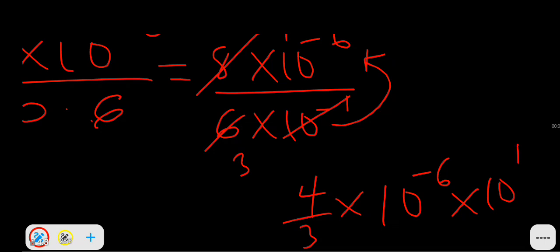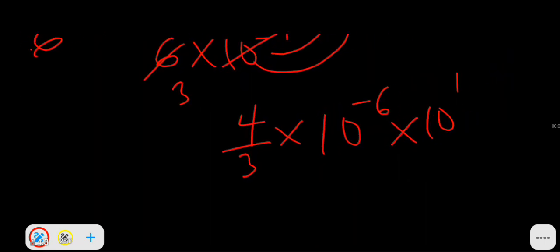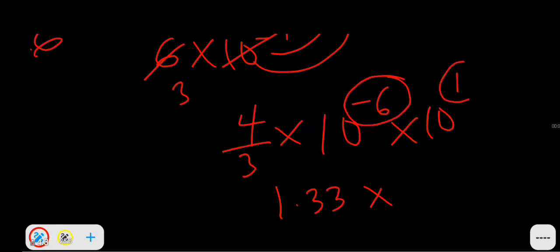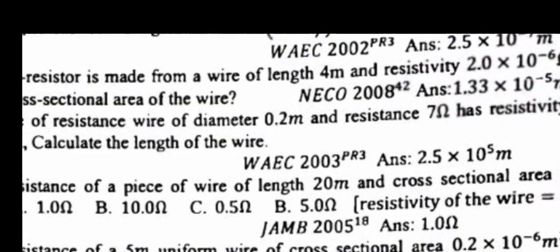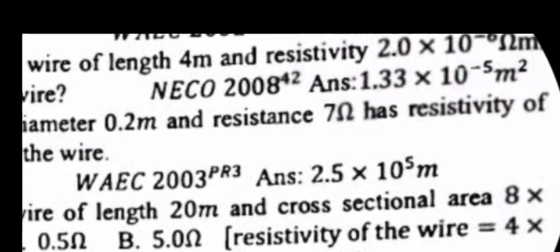Because this one is going upstairs, the power will change to ordinary 1. So 4 over 3 is 1.33. Then use indices here. Minus 6 plus 1 will give you minus 5, so 10 to the power minus 5. So this is the area here. You can see that is the answer right here.